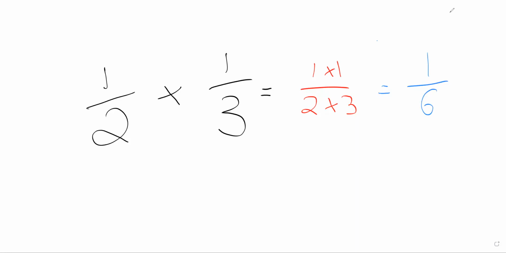If we end up with some numbers sometimes being a bit bigger at the top, so we might have an improper fraction, again, we can just simplify those things. So if you want me to go through some of that stuff, we can look at that. But that is basically multiplying fractions. Just do it. Multiply top by top over bottom by bottom, and then just simplify as and when.